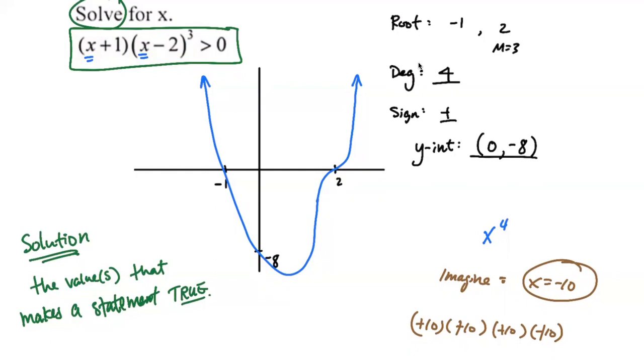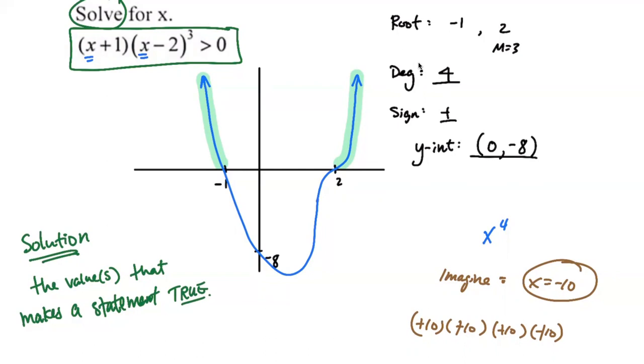And it is this part right here, not including the -1, and this part right here, not including the 2, because -1 and 2 would make the polynomial equal to 0, and we don't need the x values that would make it equal to 0. We need the x value or x values that would make the polynomial above 0.